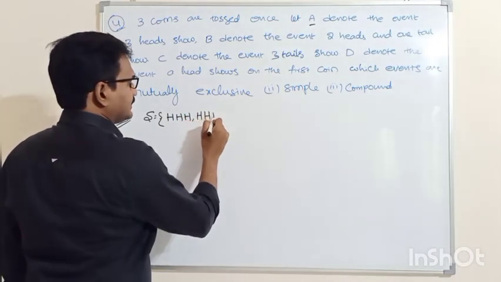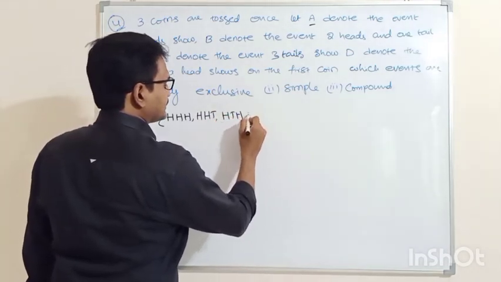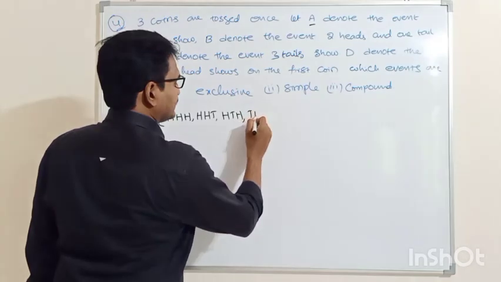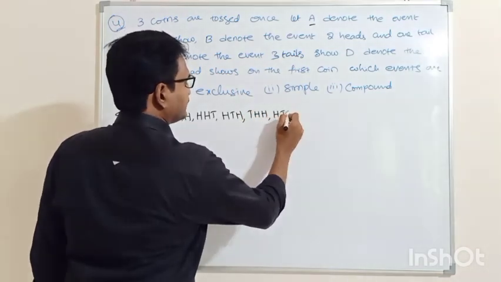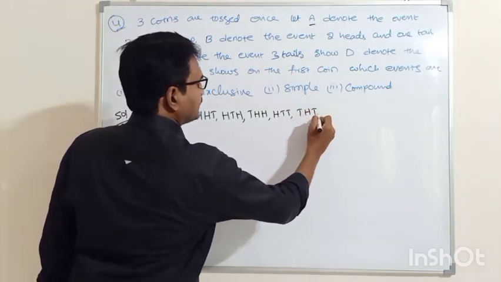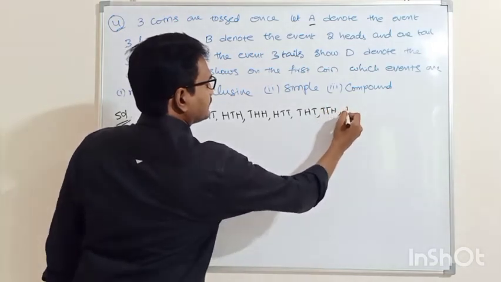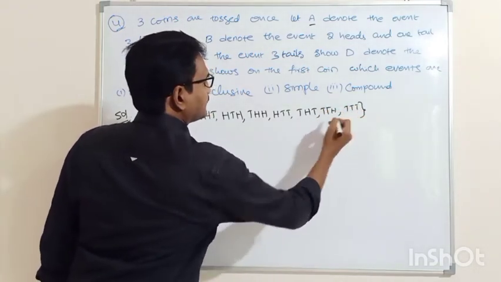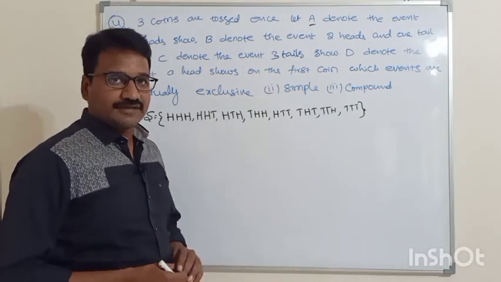HHT, HTH, HTT, THH, THT, TTH, TTT. So these are the sample points when 3 coins are tossed.